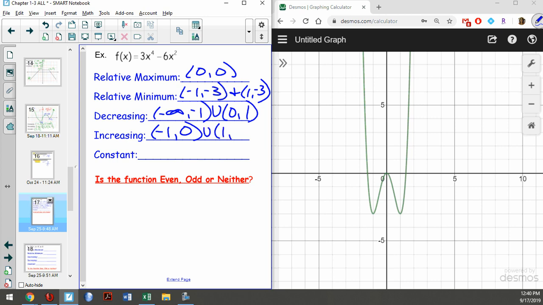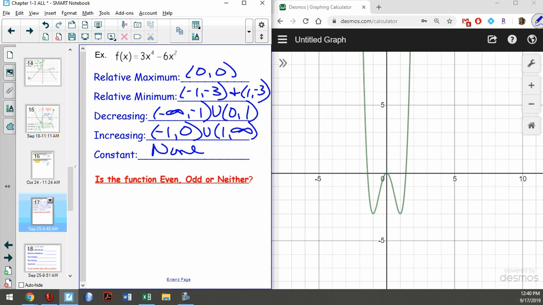I start increasing to where? Positive infinity. Now tell me, do I have any constant parts here? Do I leave it blank? No, because I have to acknowledge that I know there are no constant terms. So what am I going to put there? None. Do we all understand that, yes or no?